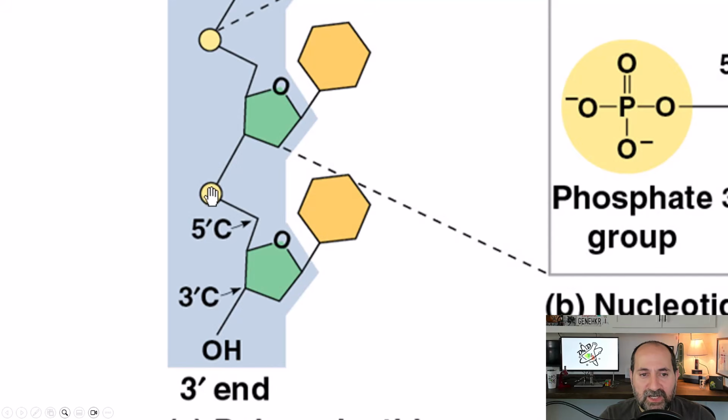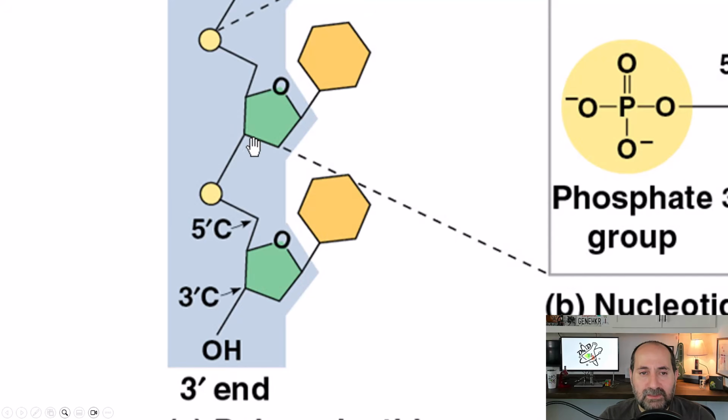And how does the 5' phosphate connect to the next nucleotide, this second nucleotide up here? Where did I say the 5' phosphate connects? Remember I said it's the 3' carbon. You see this right here?